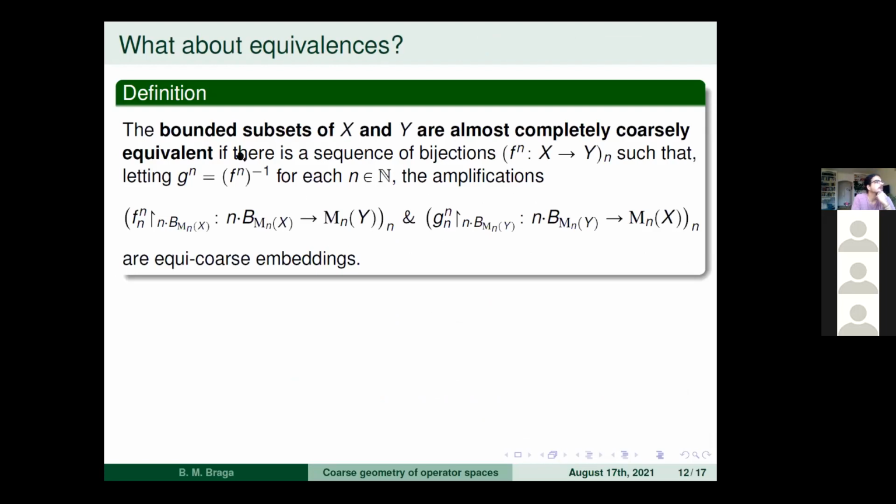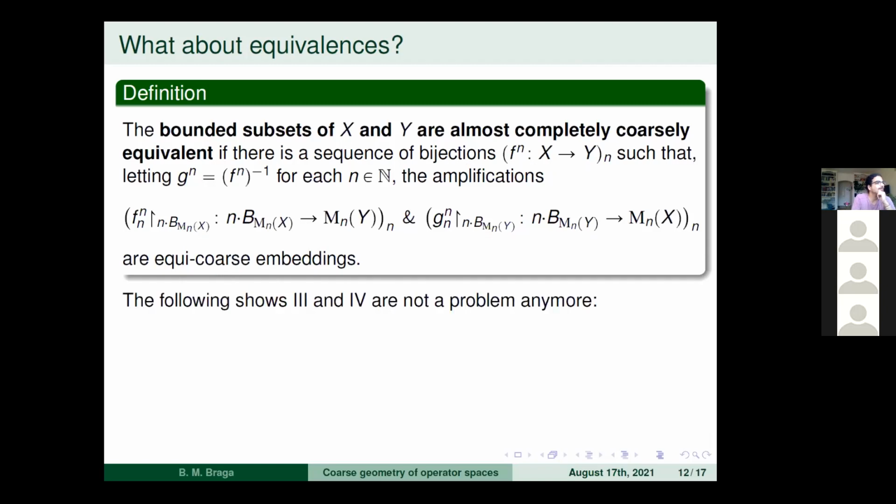I'm considering a sequence of bijections from X to Y, and I'm considering that once you restrict F_n and G_n to the balls, you have equicoarse embeddings. I know that's not the prettiest definition ever. There are too many indices here, but well.